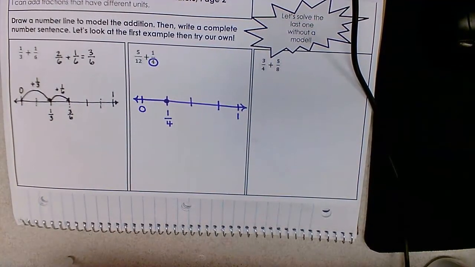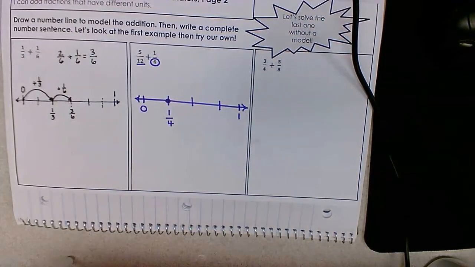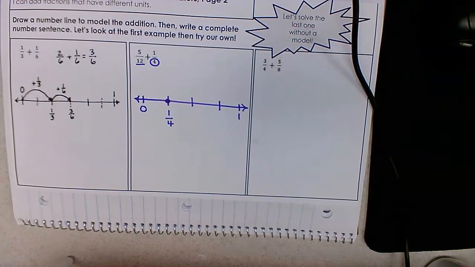Now let's decompose our fourths so that we have like units, which are twelfths. What will we need to multiply to get from 4 to 12? The missing factor to get from 4 to 12 is 3. 4 times 3 equals 12.